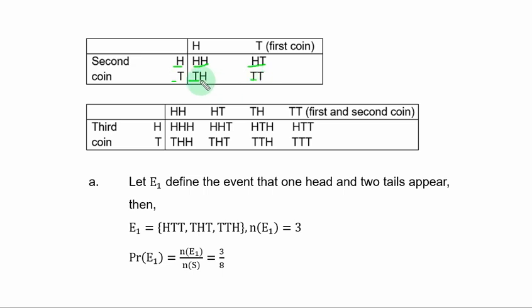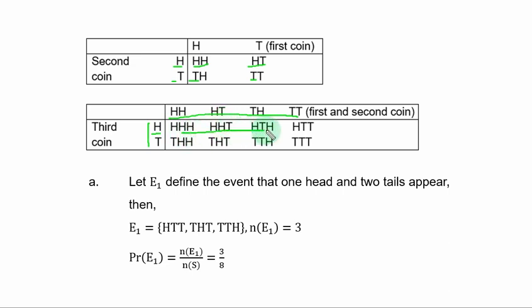So you have the outcomes for the first and second coin. Then you take the outcomes for the first and second coin and match them with the third coin with sides, head and tail. You take the head of the third coin and pair it with the outcomes of the first and second coin.